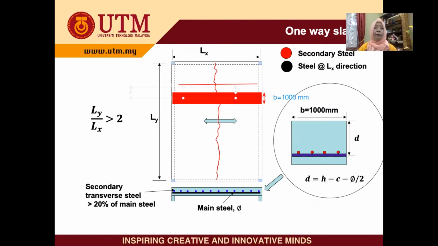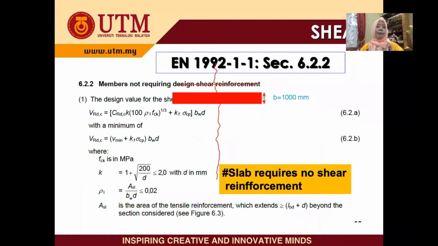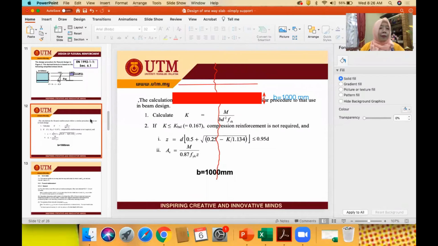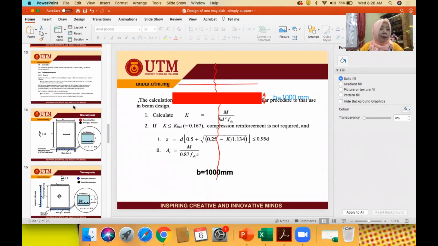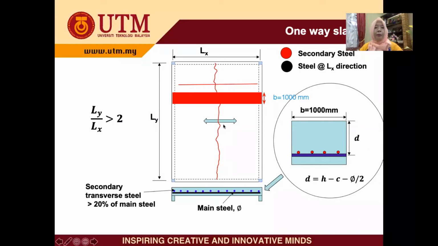So the b must be 1000 millimeter here. Meaning that if you have a long slab, let's say 8 meter, then we design by taking into consideration b of 1000, and then we repeat the design.